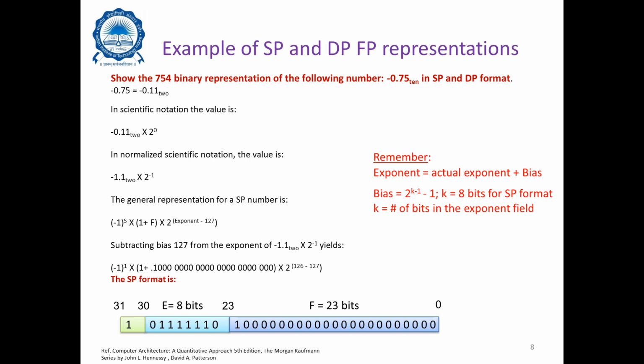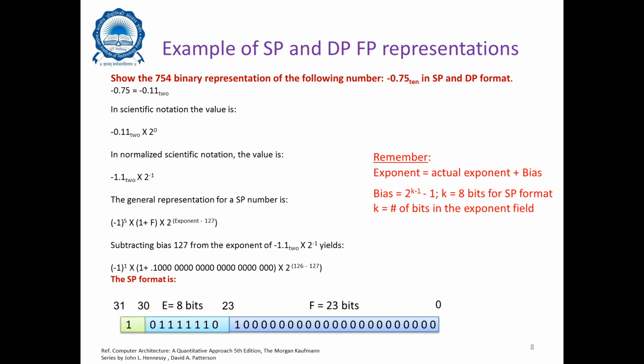So minus 0.75 is represented as minus 0.11 in binary. In scientific notation, the value is minus 0.11 base 2 times 2 to the power 0, right? And we will have to convert this to normalized scientific notation because we have a leading 0. So in normalized scientific notation, the value is minus 1.1 base 2 times 2 to the power minus 1, right?